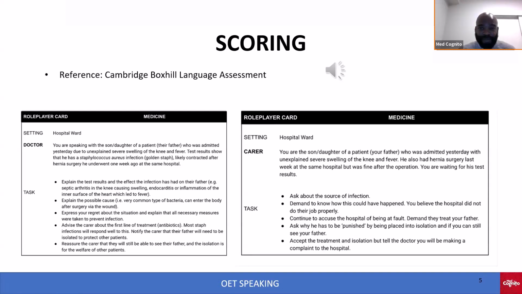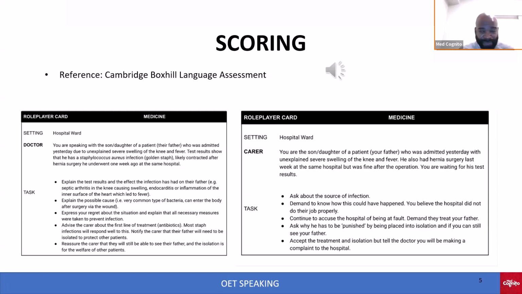What's the problem? Well, the test results indicate that he has what's called a Staphylococcus aureus infection, which is commonly referred to as a golden staph infection. Have you heard of staph infections? Vaguely. Is that what's causing his symptoms? Yes, that's right.